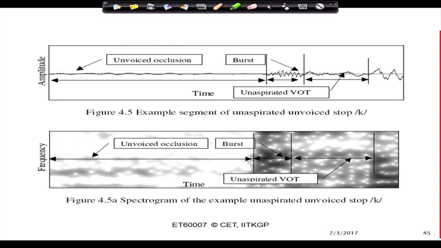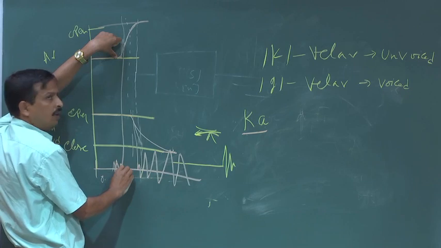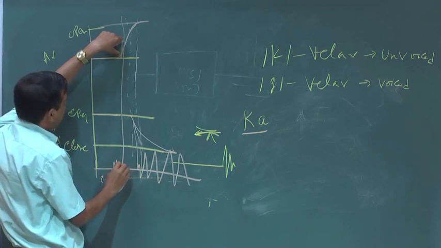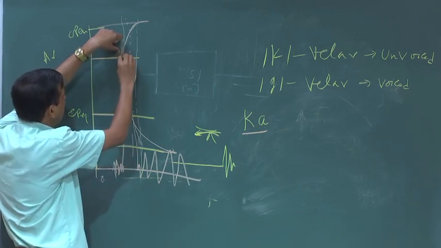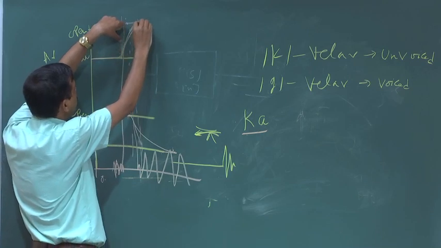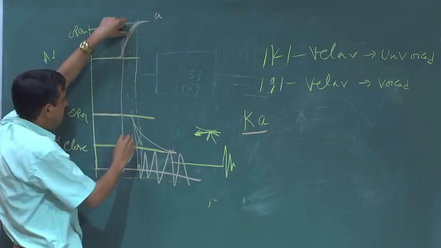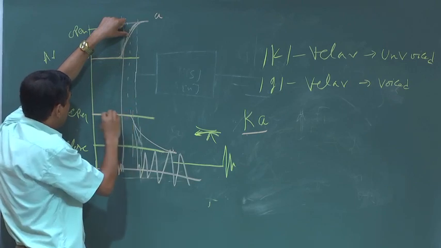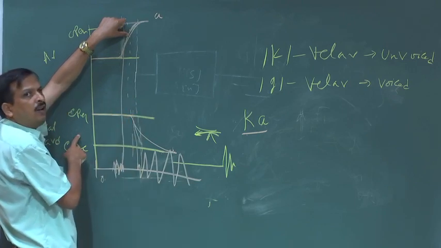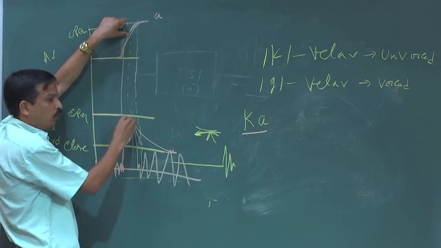Okay. Now, the articulator is suddenly released, a burst occurs, and sound comes suddenly, and the articulator tries to move to the position to produce the vowel a. Now, at the same time the glottis may not be closed, so there is no voiced sound.